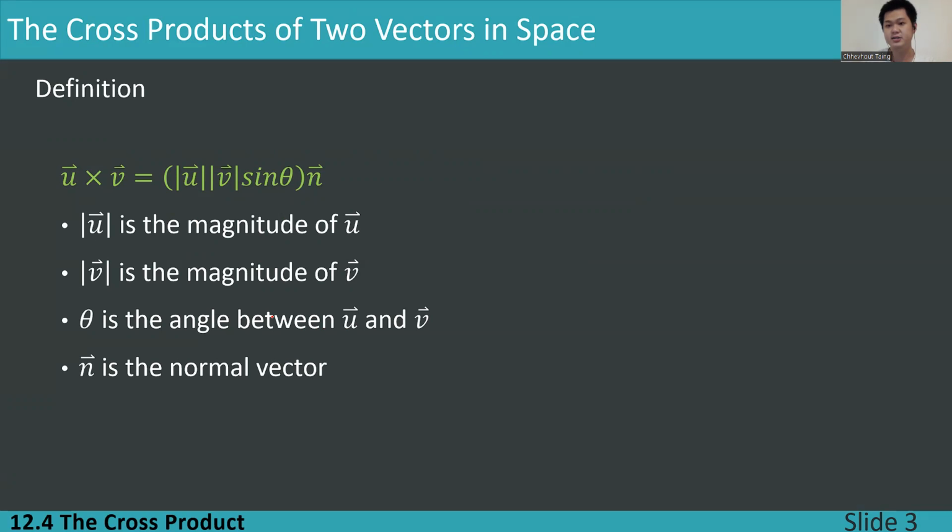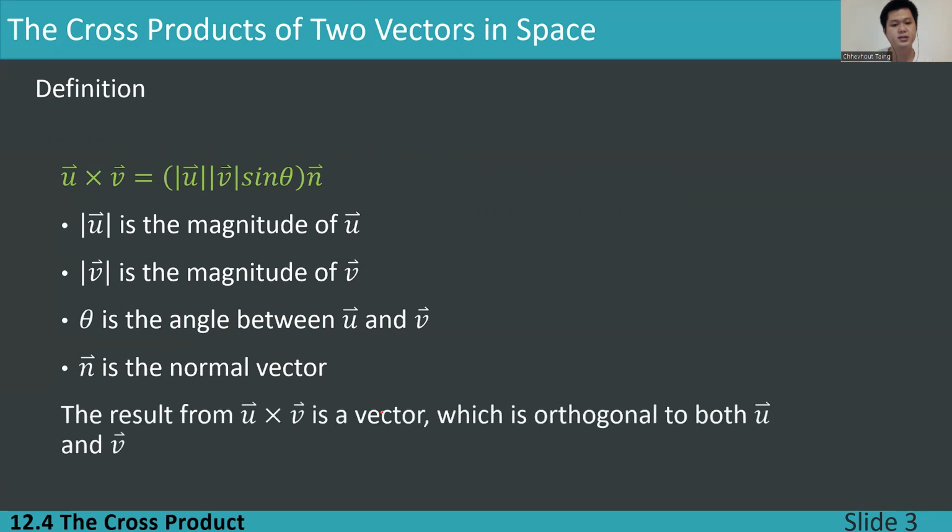Unlike the dot product, the cross product gives you a vector, not a scalar. This vector resulting from u cross v is orthogonal to both vector u and vector v, and just like any other vector, u cross v has a magnitude and a direction.